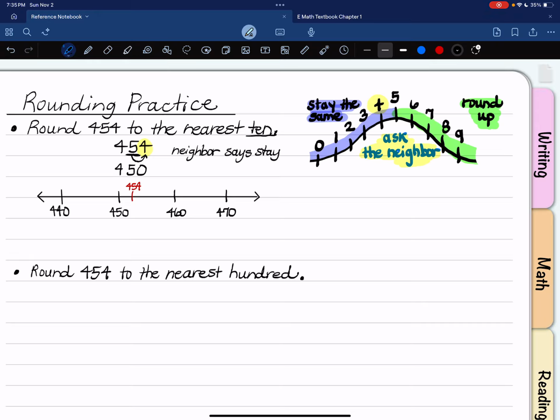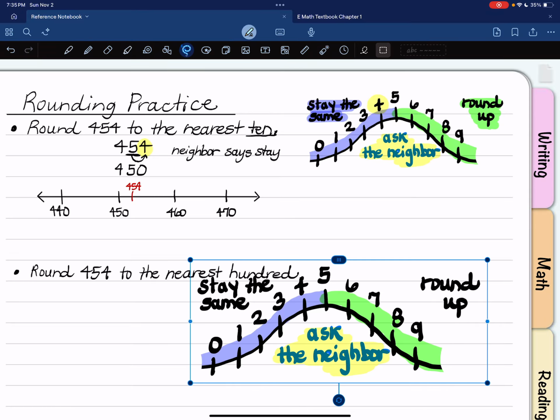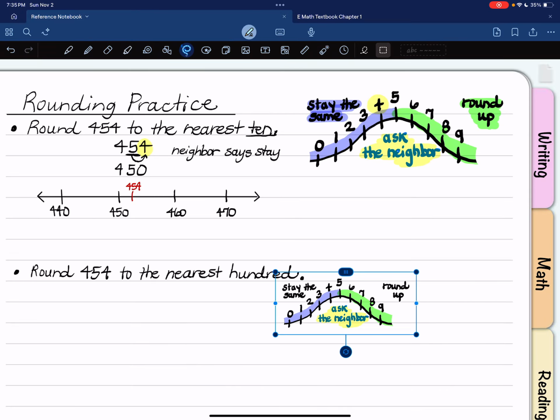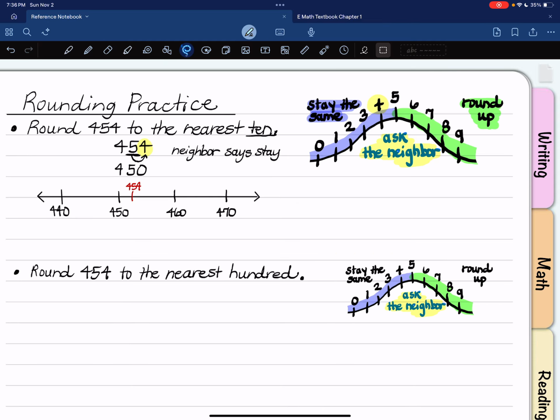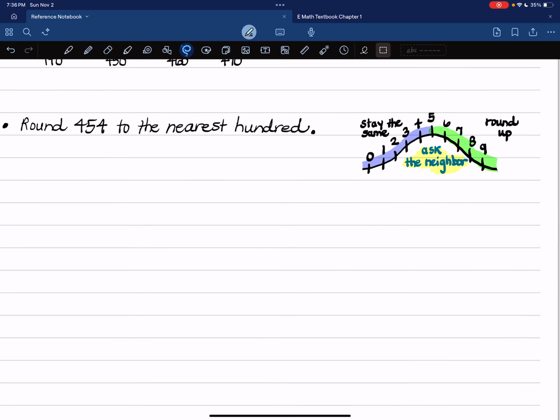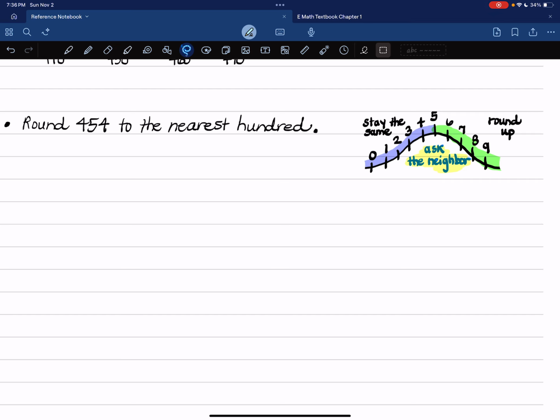Okay, and let me paste in my rounding rule, because that's the one that helps me. You can also use a number line. And here we go. Let's write our number down.